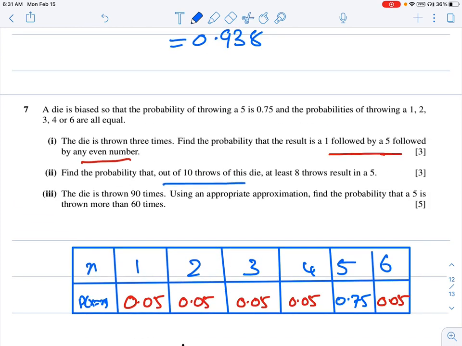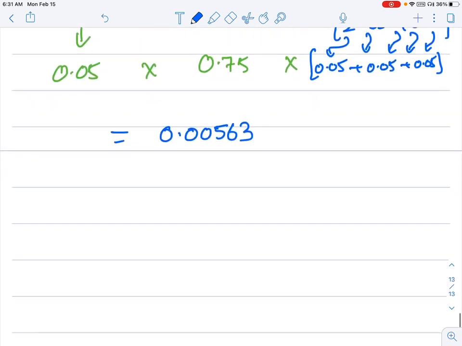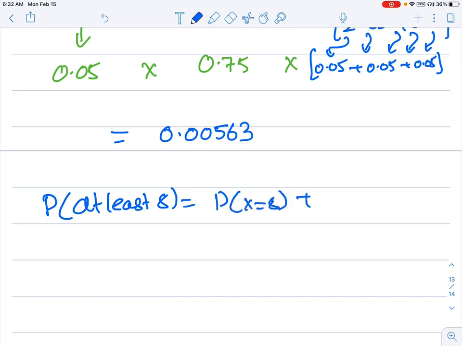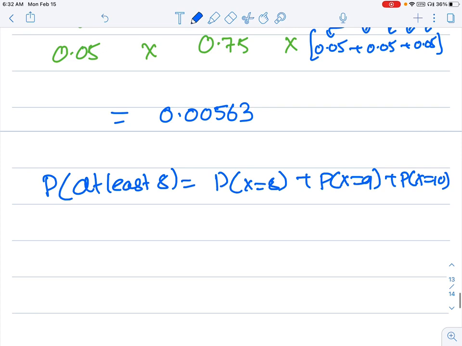Find the probability that out of 10 throws, at least 8 throws result in 5. Probability of at least 8 results in 5 means 8 times 5, 9 times 5 or 10 times 5. So my success is considered as getting 5.